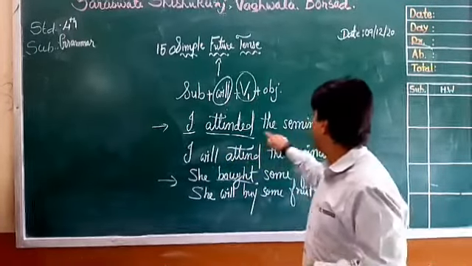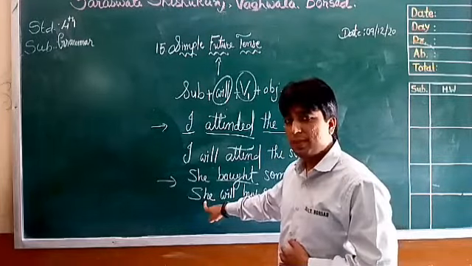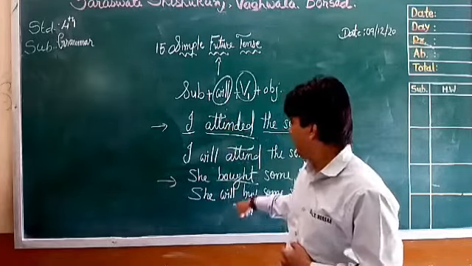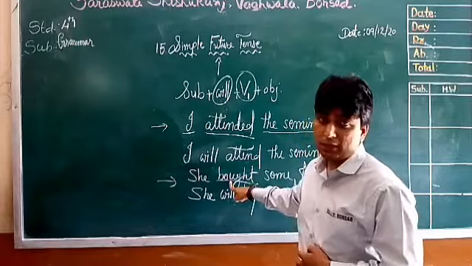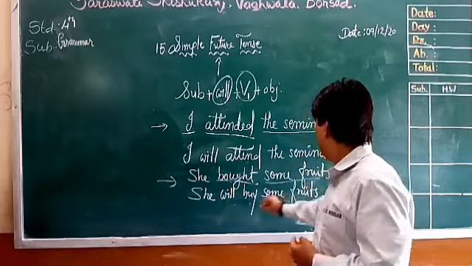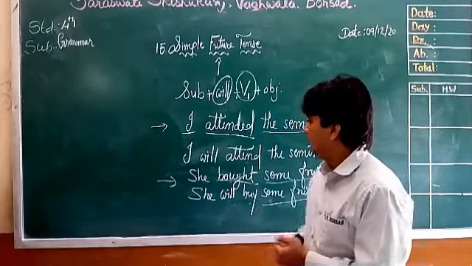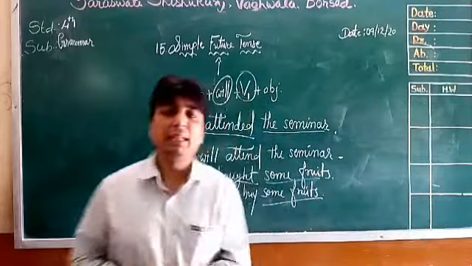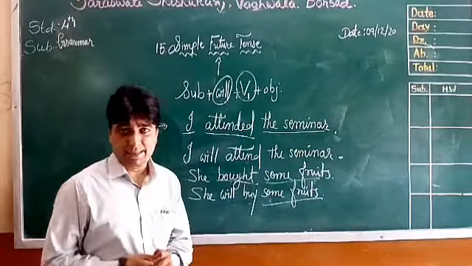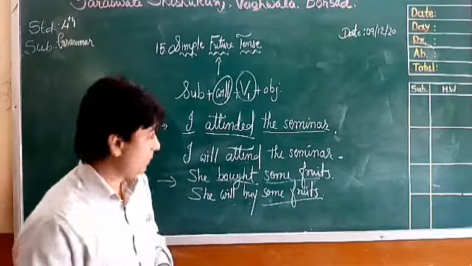I will attend. Now rest of the sentence as it is. She, subject, will, we require will. Bought, past tense, becomes present form, buy. Some fruits, as it is. So this is the way that we can convert the sentences of other tenses into simple future tense.